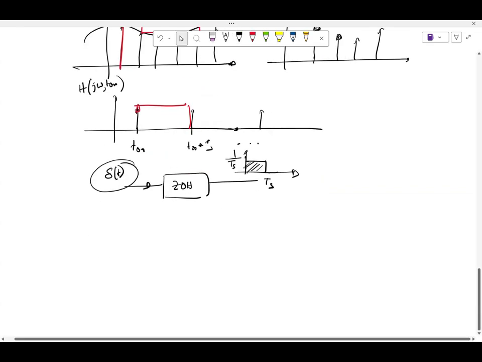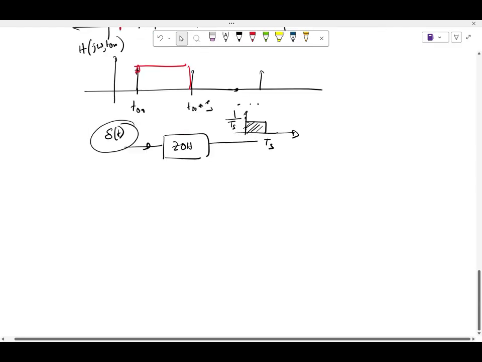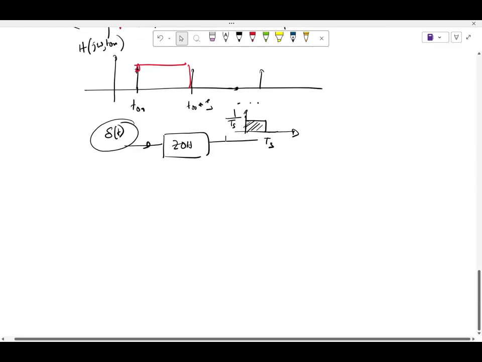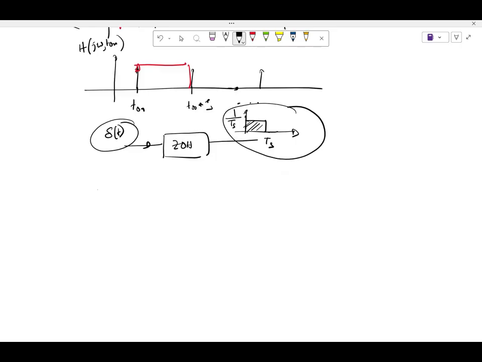So if we understand this, then it should make sense that whatever H of j omega T on we found, we should multiply with the zero order hold transfer function. Which means I need to find out the transfer function of this and simply multiply it with H of j omega T on.